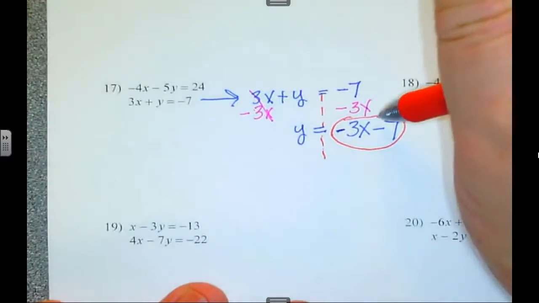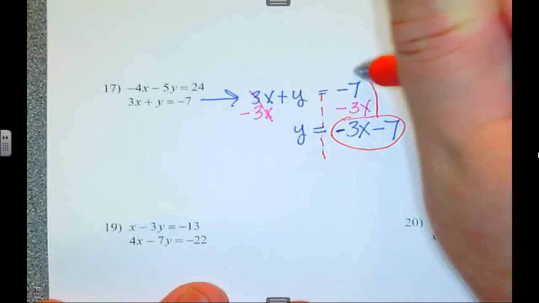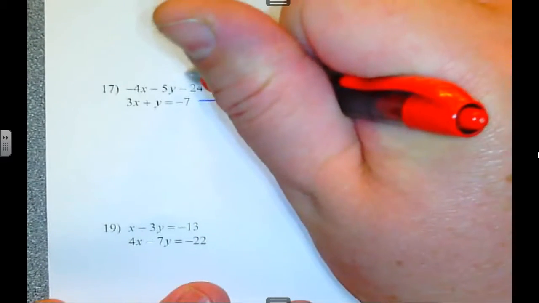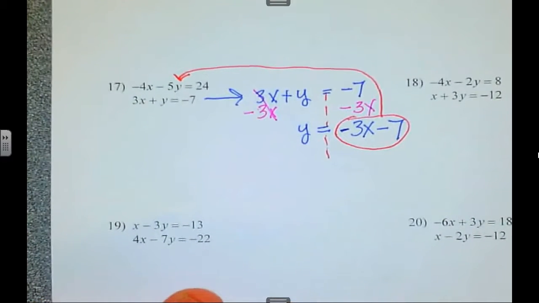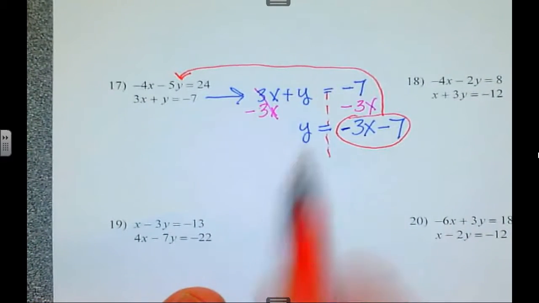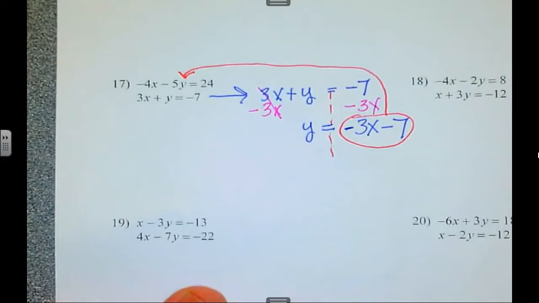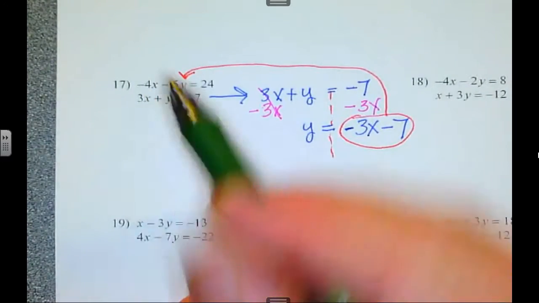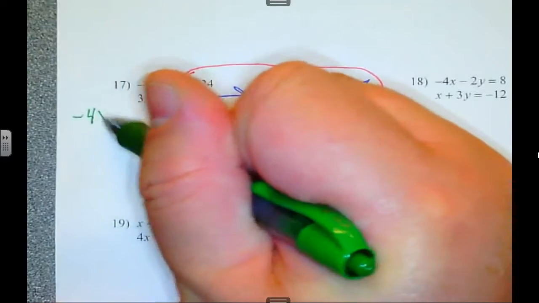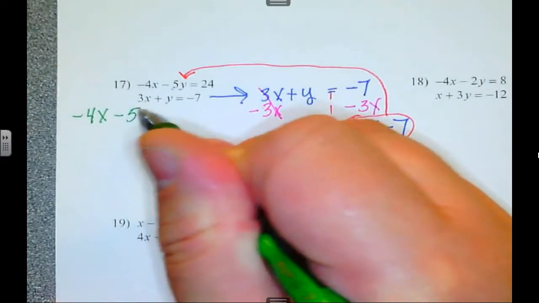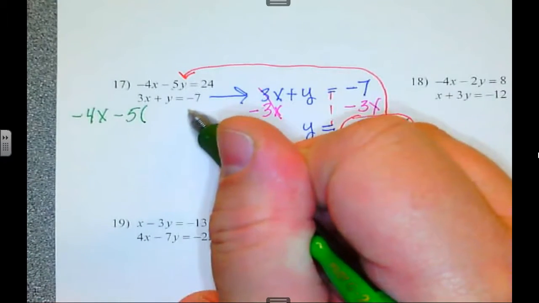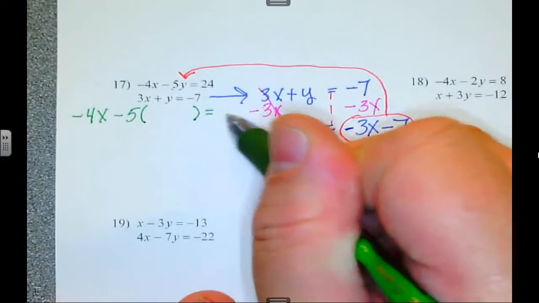Now I'm going to take that and substitute it into the other equation, the one I didn't use for the y. So negative 4x minus 5, and I'm going to substitute in a value for the y, equals 24.